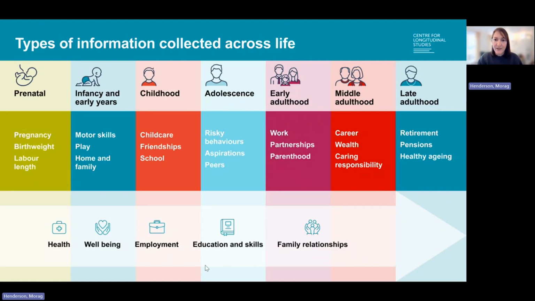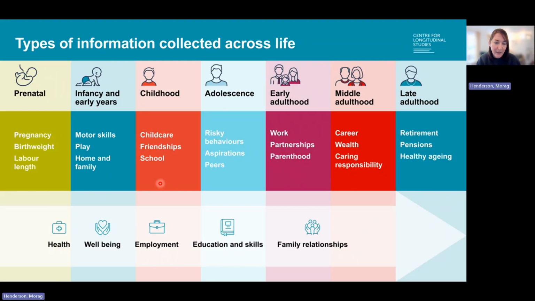This slide shows the types of information collected across the life course, specific to particular life stages. You'll see that there's a vast amount of information collected on the whole, and the content is multidisciplinary, spanning economic, psychological, medical. The columns here show the life stage. Prenatal will capture information about birth weight, labour length.